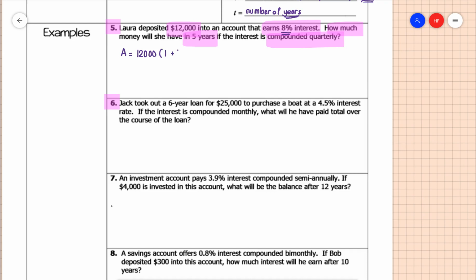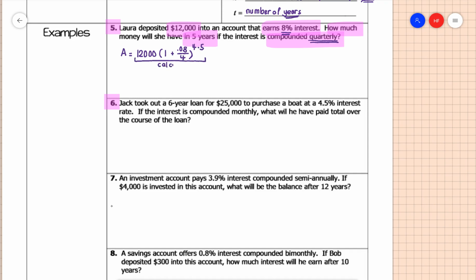We're going to move that decimal twice. So 0.08 over the number of times that it is compounded in a year. Quarterly means 4 times, broken into 4s. And then to the power of that n, which is 4, times the number of years, which is 5. So to the power of 4 times 5.